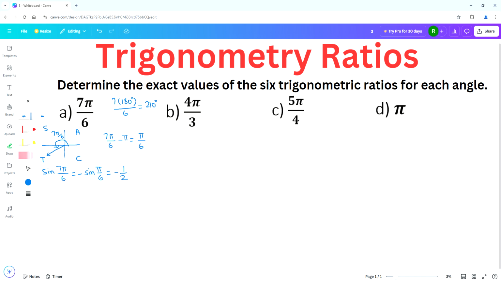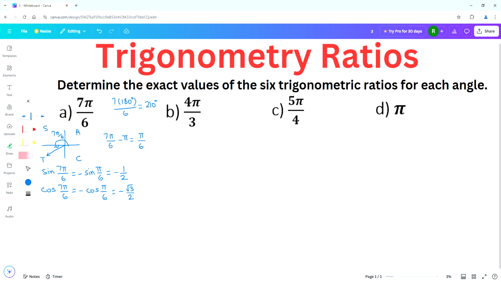Now we can evaluate the cos ratio. Cos is negative in quadrant 3. Cos of pi over 6 is equivalent to square root of 3 over 2. So the final answer is negative square root of 3 over 2.